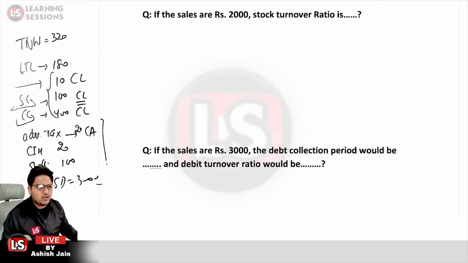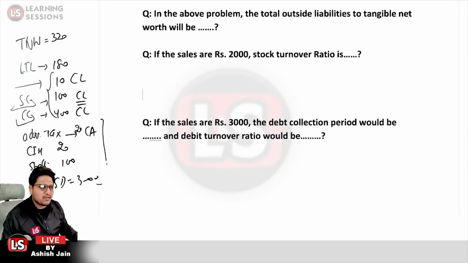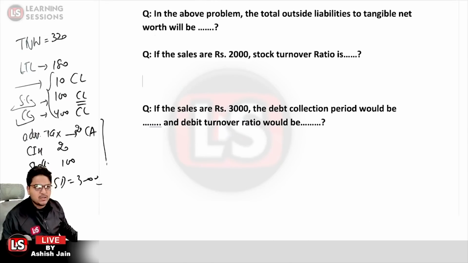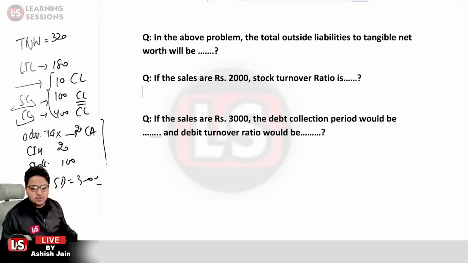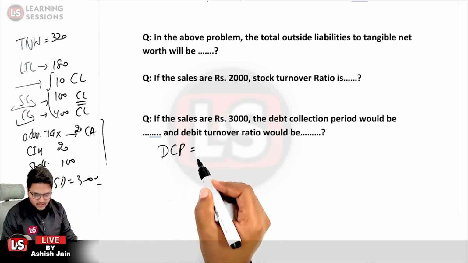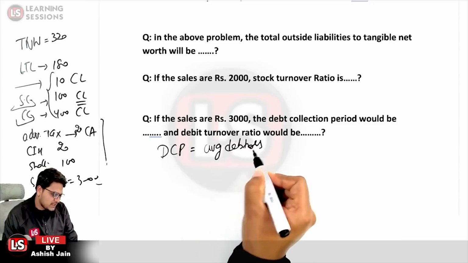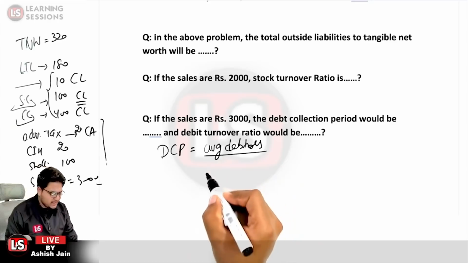It says if the sales are 3000, what would be the debt collection period? And further, what would the debtor turnover ratio be? The debt collection period is basically the average period in which we are collecting our dues. The formula is average sundry debtors divided by credit sales.